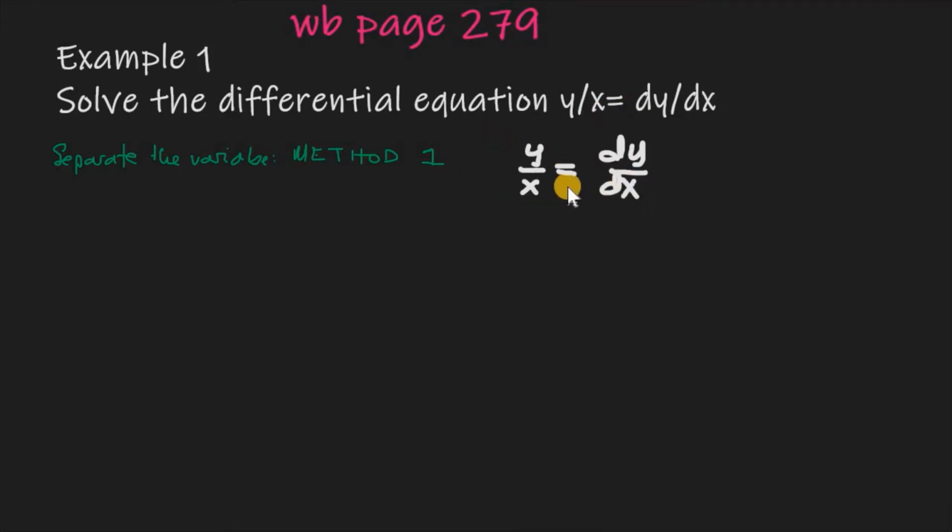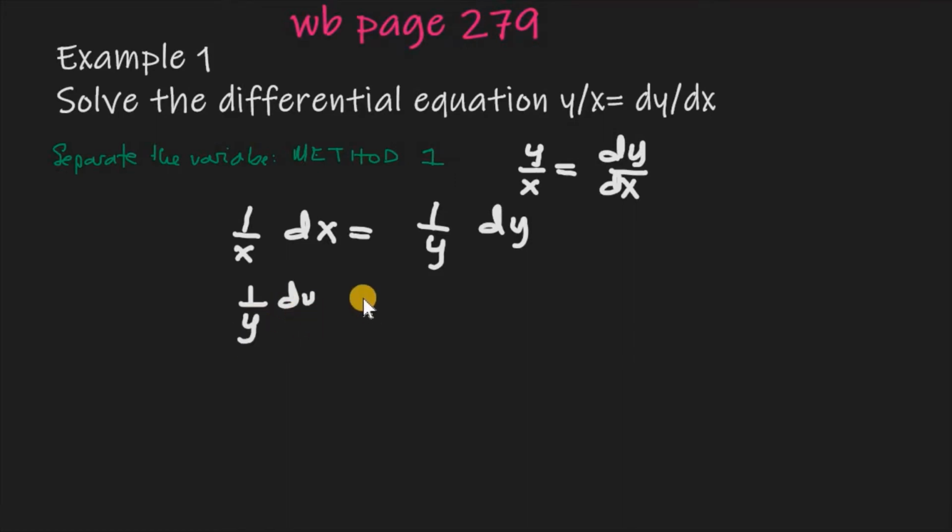Let's combine the y with the y, the x with the x. So hence as we rearrange it, we get 1 over x dx equivalent to 1 on y dy. Or you can also write it as 1 on y dy equivalent to 1 on x dx. Okay, so this differential equation can be separated.